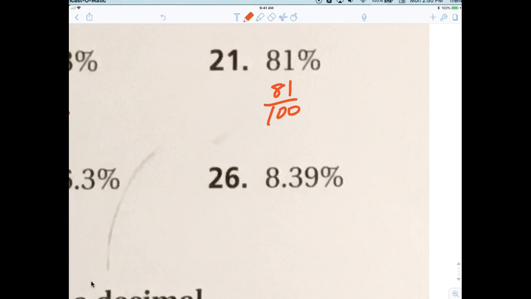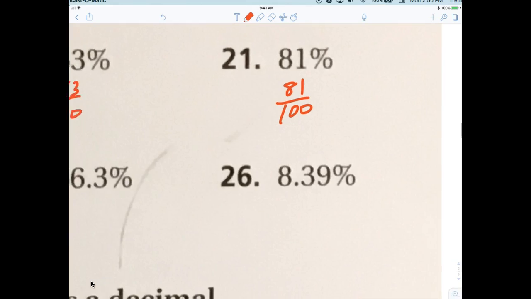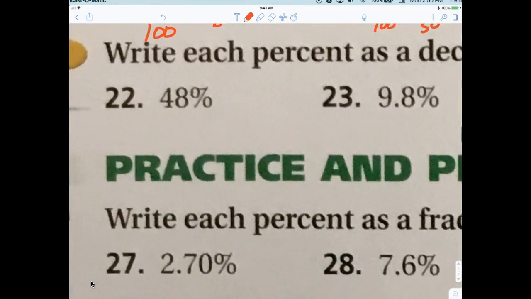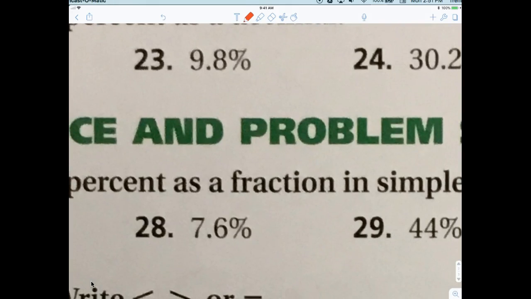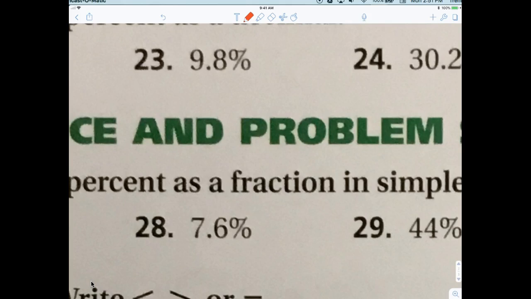Good. Mr. Ramos, please write each percent as a decimal. What would that be? I'm proud of you. 0.48. Next. Let's see if you're thinking. Very nice. 0.098. Good job.